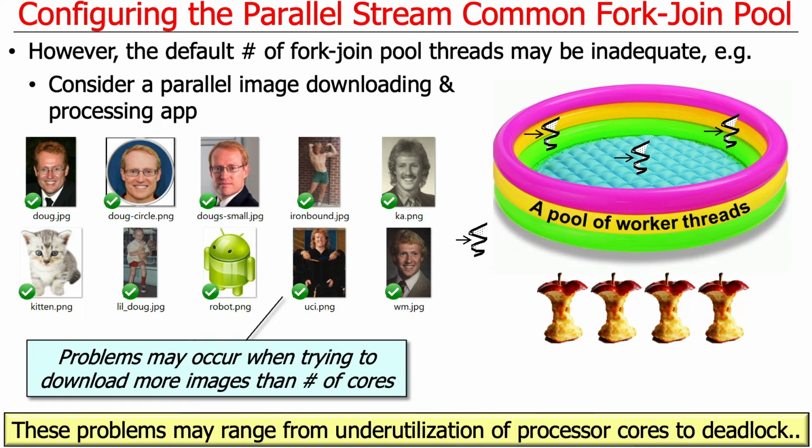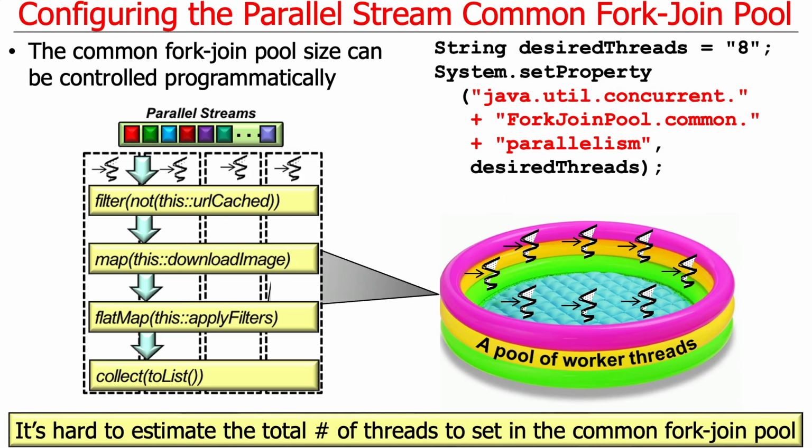So what we'd like is some way to add additional threads so that waiting downloads are able to be serviced by common fork join pool worker threads. There are a couple of different ways to do this.